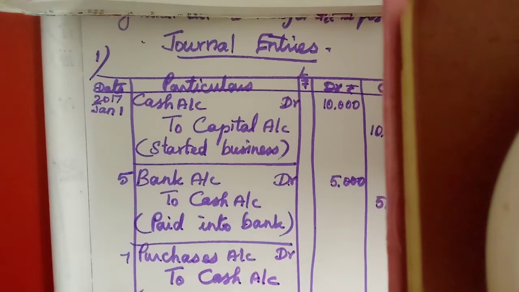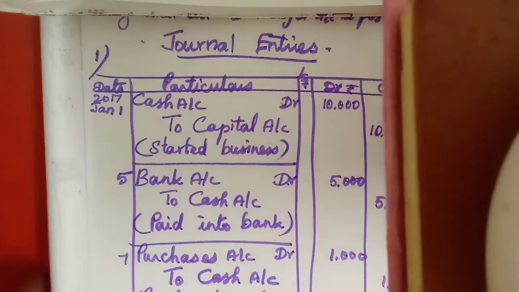Payment we have made, so we should write that payment only. Then purchased goods for cash. Amount 1,000, straight to cash. Now the journal entry is over.